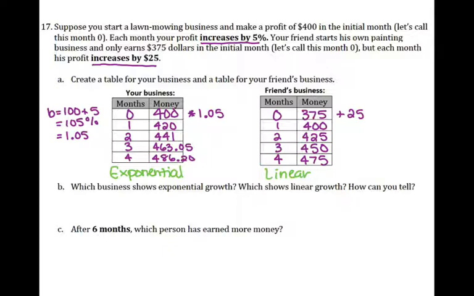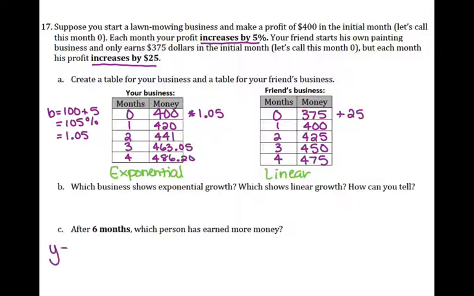Letter C, after 6 months, which person has earned more money? If I look at my scenario, in order to calculate after 6 months, I do need to figure out an equation for each one of these scenarios. So for my exponential function, I need my a and my b to be able to write an equation.